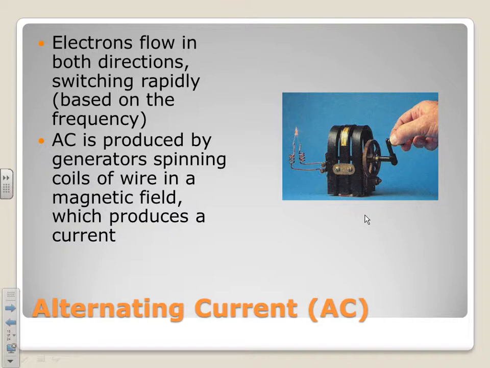So if we take that coil of wire, a small loop of wire, and just spin it around in a magnet, the charges will start to flow. They don't flow only in one direction, though. They actually sort of jump back and forth, side, side, side. Still movement, just not the same.